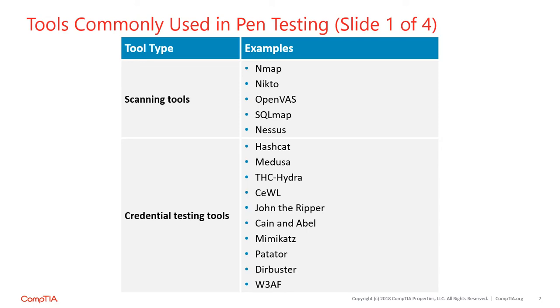When it comes to CompTIA PenTest Plus, the type of questions they'll ask you: if you want to attack a server, which credential testing tool are you going to use? They'll put all of these: Hashcat, Medusa, THC Hydra, and John the Ripper.